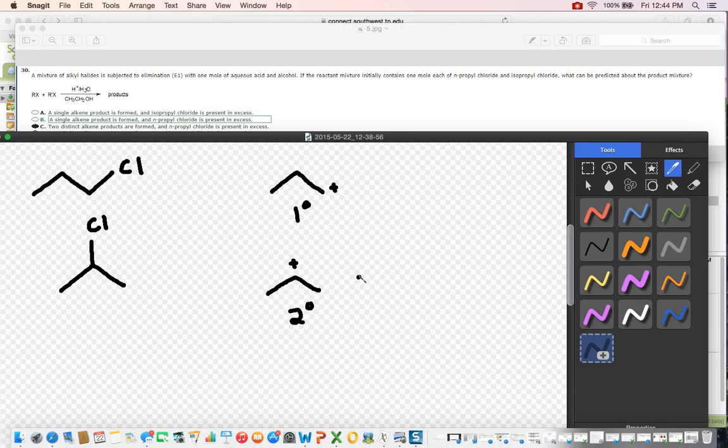This means the elimination product that I form should be formed preferentially from the isopropyl chloride and little to none of the primary alkyl halide should react, because the activation energy barrier for making a primary carbocation is really, really high.